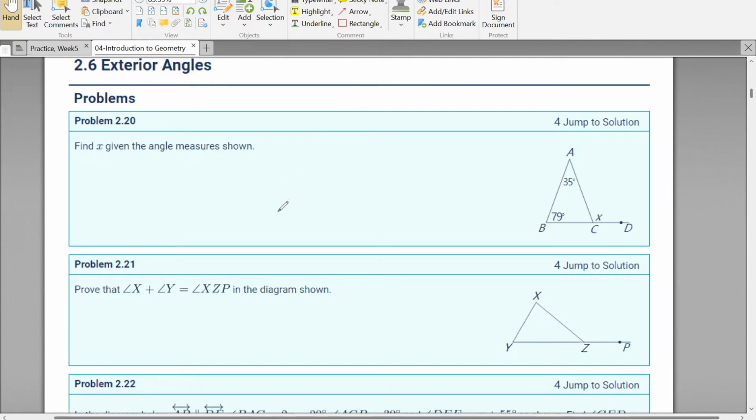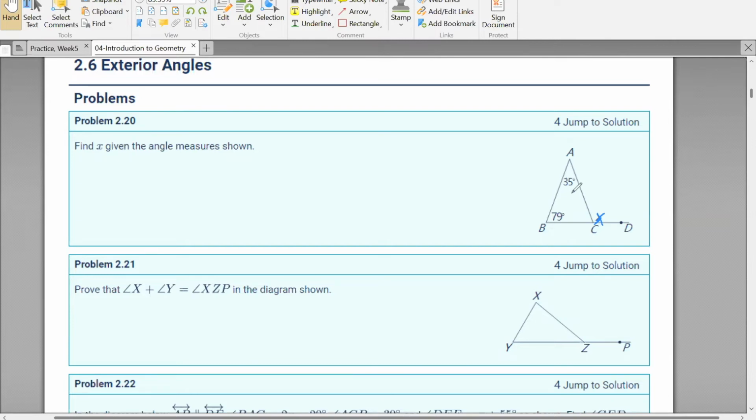Now, the relation is that the external angle is going to be the sum of the two remote internal angles. I repeat again. Any external angle, which in this case, the external angle of the angle C is X. X as an external angle is going to be the sum of the two remote internal angles.